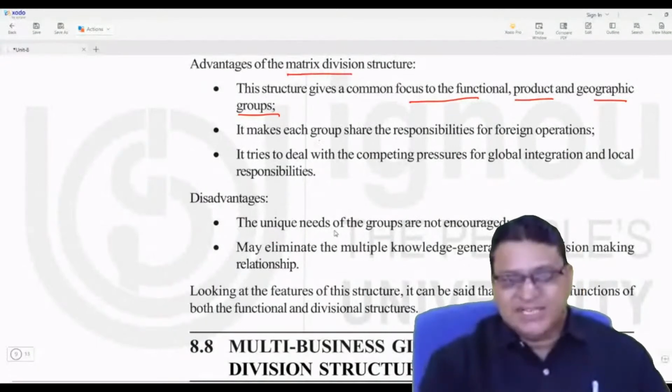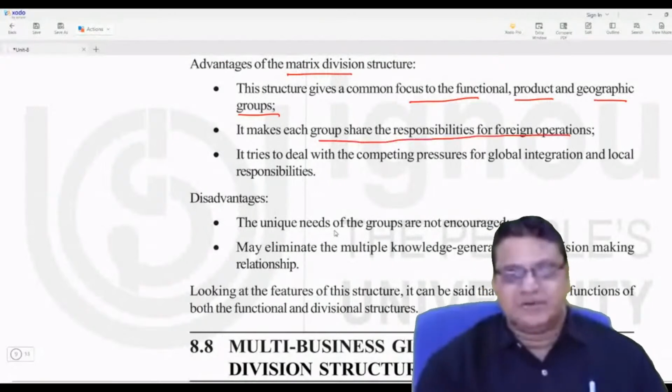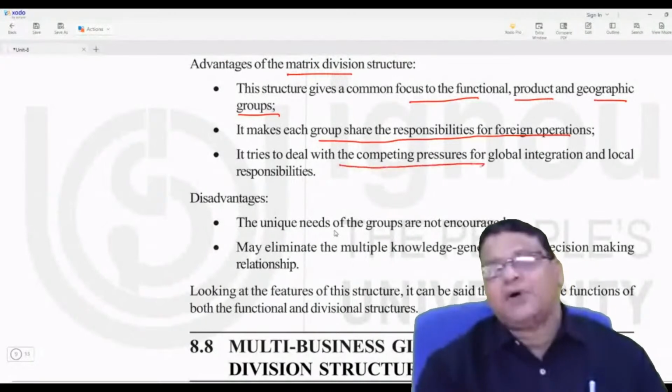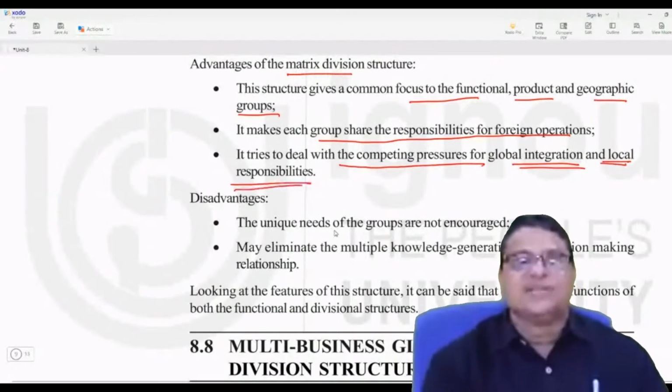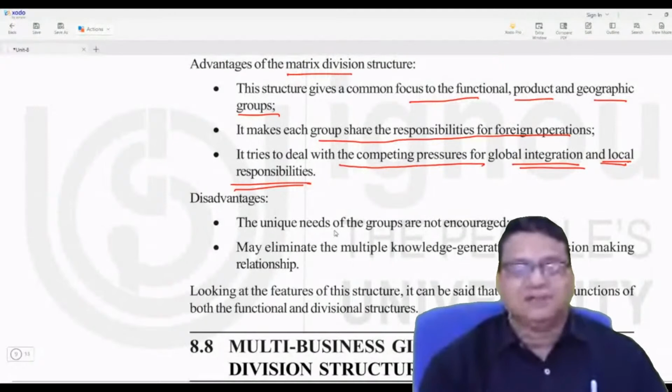It makes each group share the responsibility for foreign operation, and it tries to deal with competing pressures for global integration and local responsibility. So its structure is based upon global integration and local responsibility. Think global, act local.